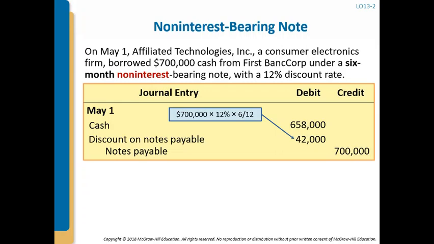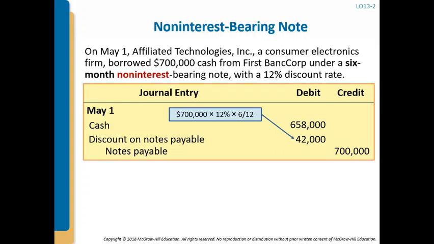You're going to initially record that $42,000 not as a receipt of cash, but as a discount on notes payable. So it's a contra liability account, if you will. It makes the face value of the notes payable $700,000 less the discount on notes payable.